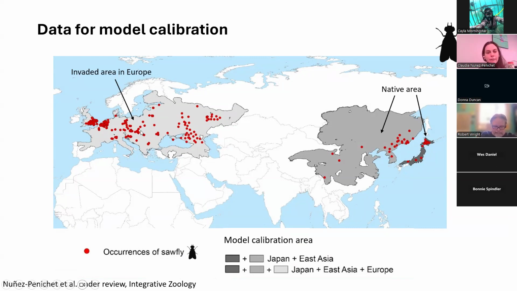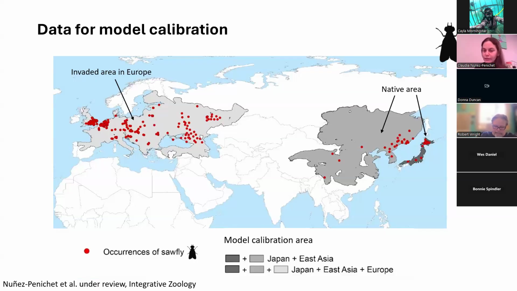In another step, we also calibrated the models with all the native occurrences but also the invaded ranges in Europe, just to see which option better predicted the current known distribution in North America. We did not use any of the known occurrences in North America for calibrating the models, and we left those occurrences only for validating the results that we obtained afterwards.